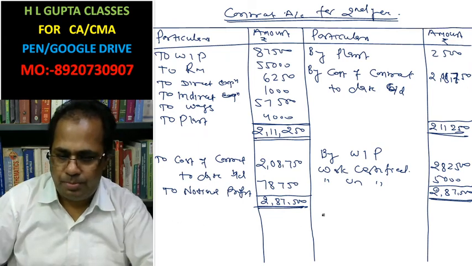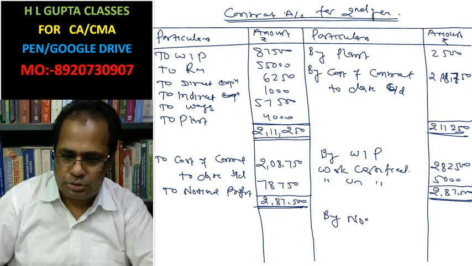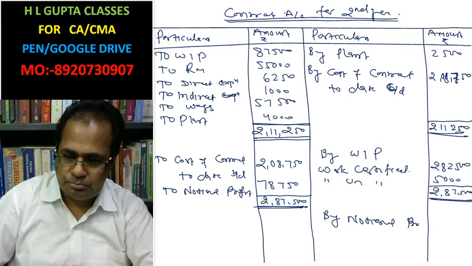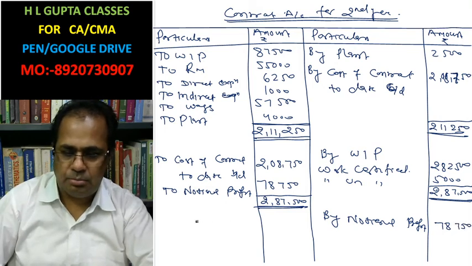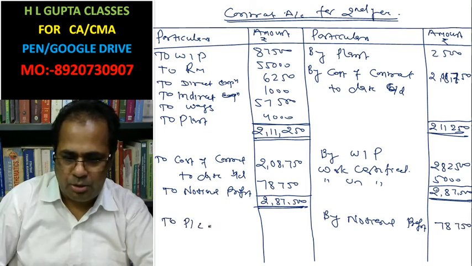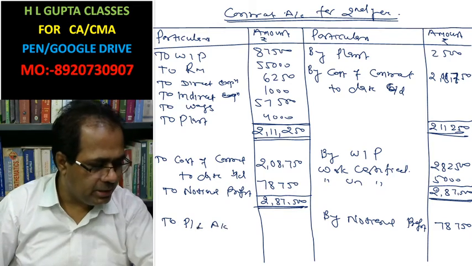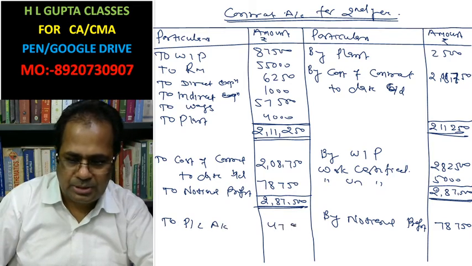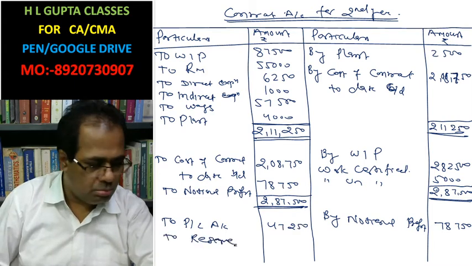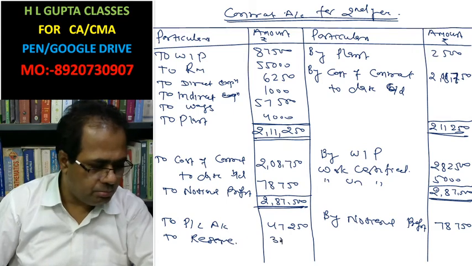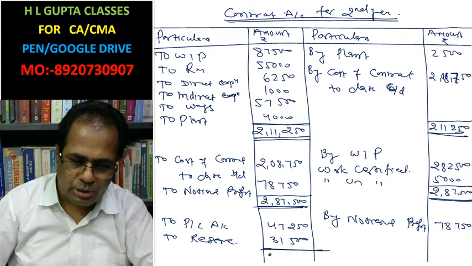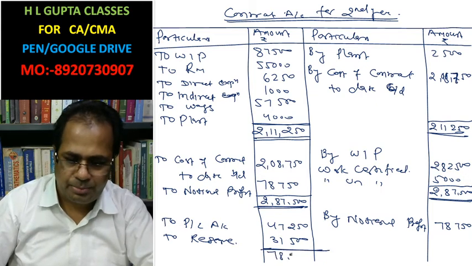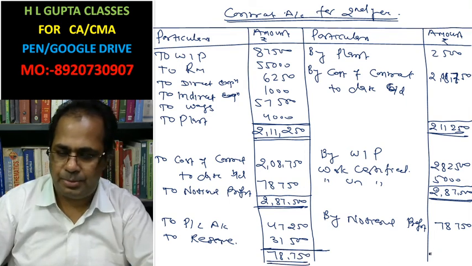You write here by notional profit 78,750, to profit and loss account 47,250, to reserve 31,500. Total 78,750.